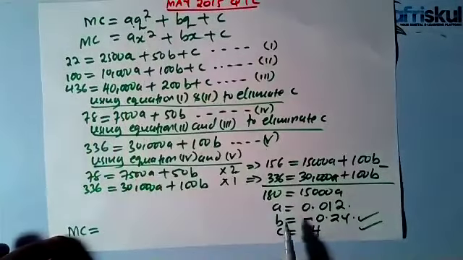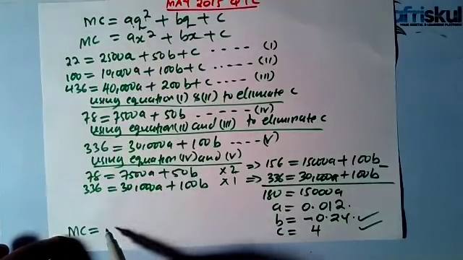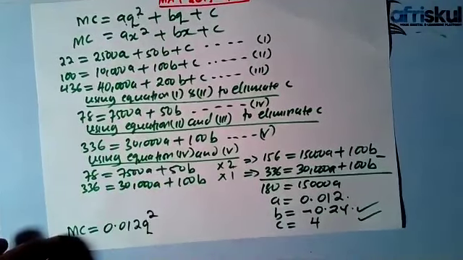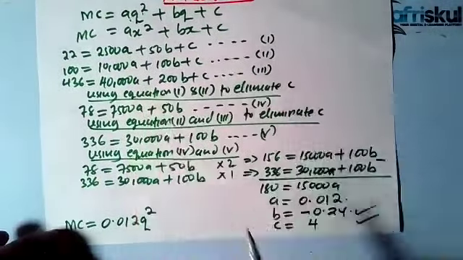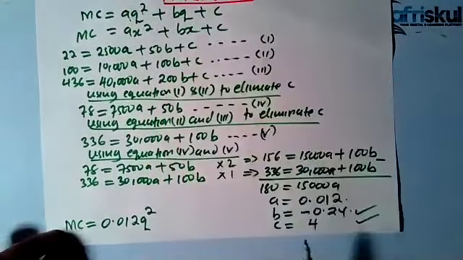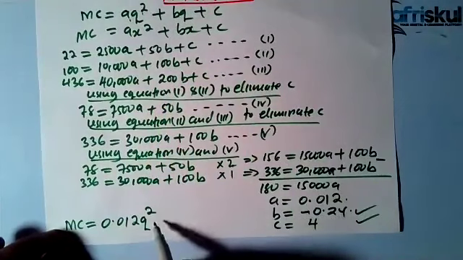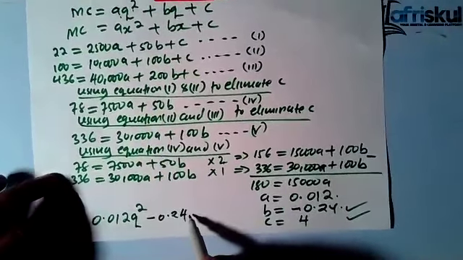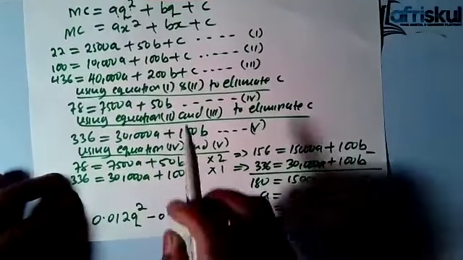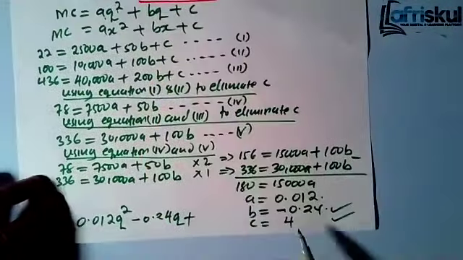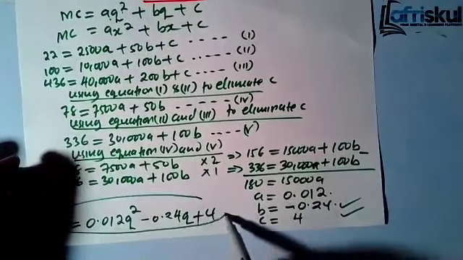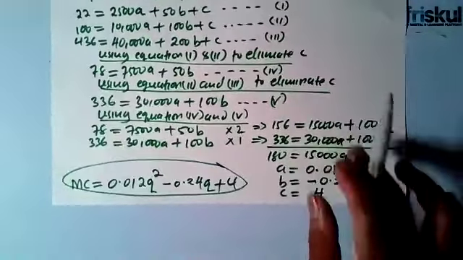You already have A. Our A is 0.012 Q squared, plus BQ, we already have B. Our B is negative, so it will be minus 0.24 Q plus C. And our C we found is 4. Actually, that's the marginal cost. That's what they wanted.